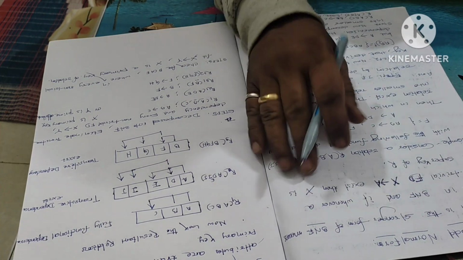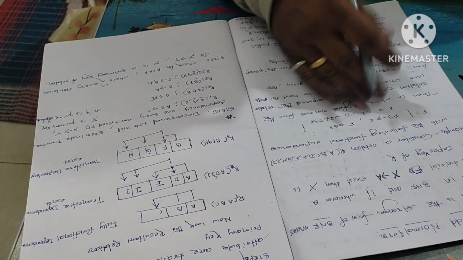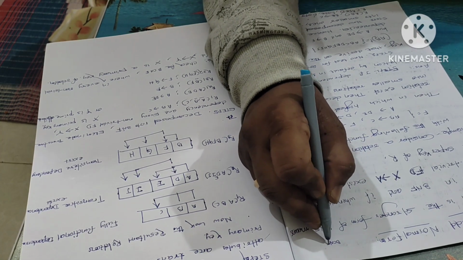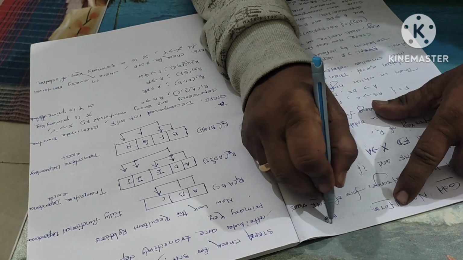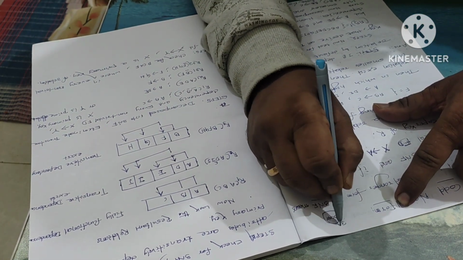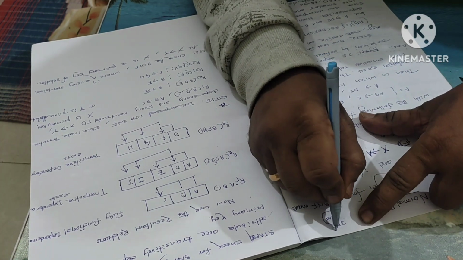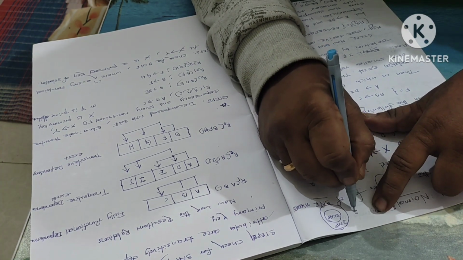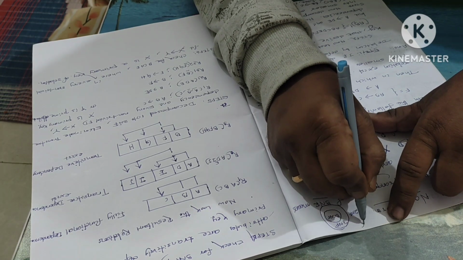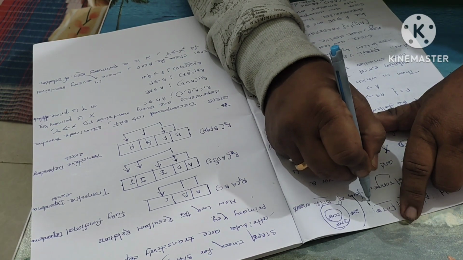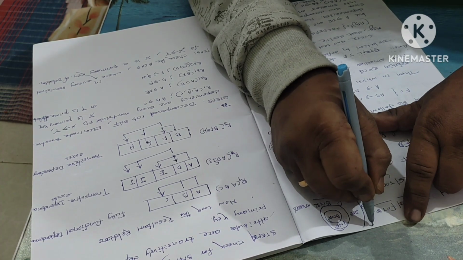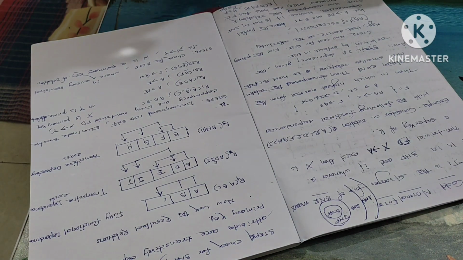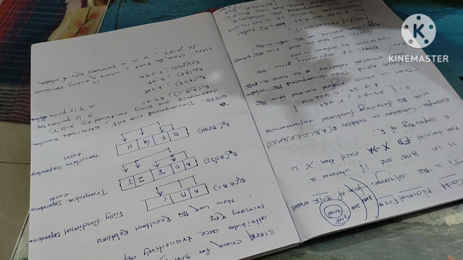Meaning BCNF is in 3NF, and similarly we can write here 2NF, and here 1NF. So this is the concept introduced of the normal forms.